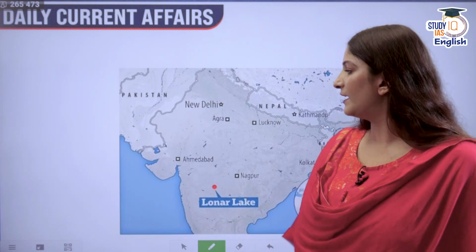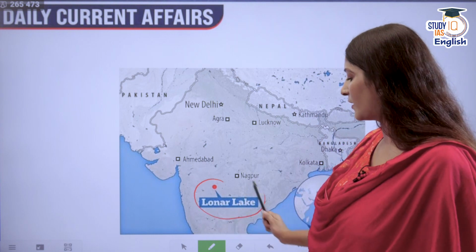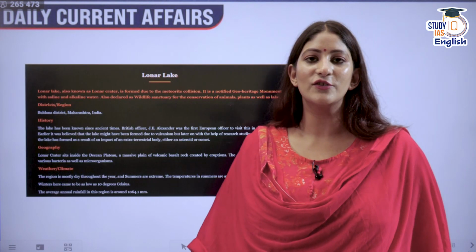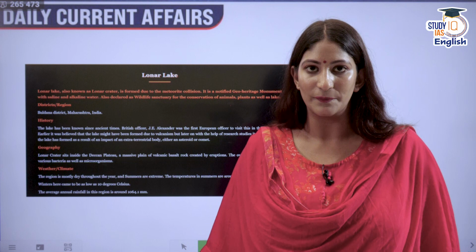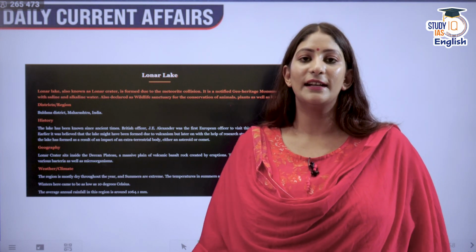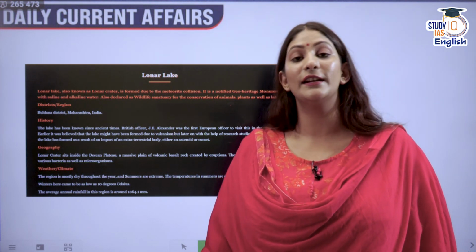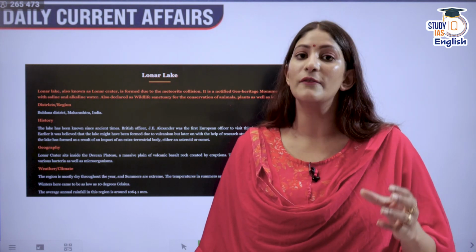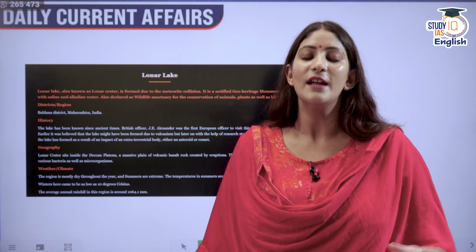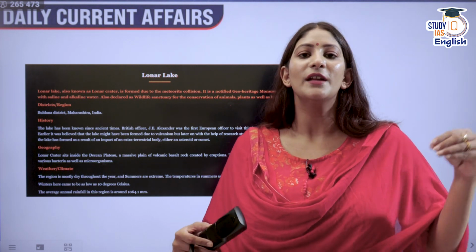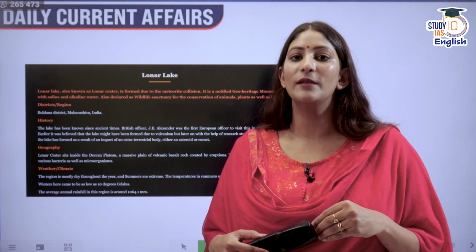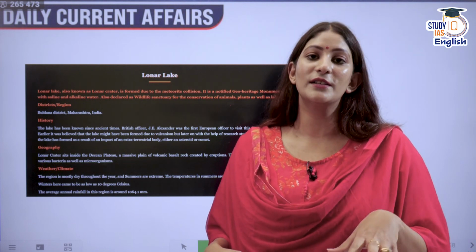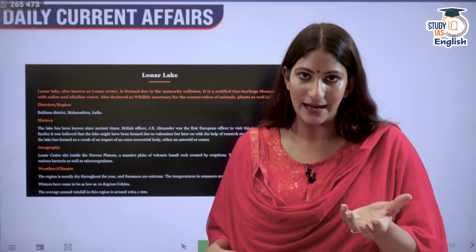Lonar Lake is situated in Buldhana, Maharashtra, and it is also known as Lonar crater. Earlier it was thought that it developed due to volcanism, but later it was concluded that it developed because of meteoric activity, when a meteorite put a hole in Buldhana and the water got collected in that depression.